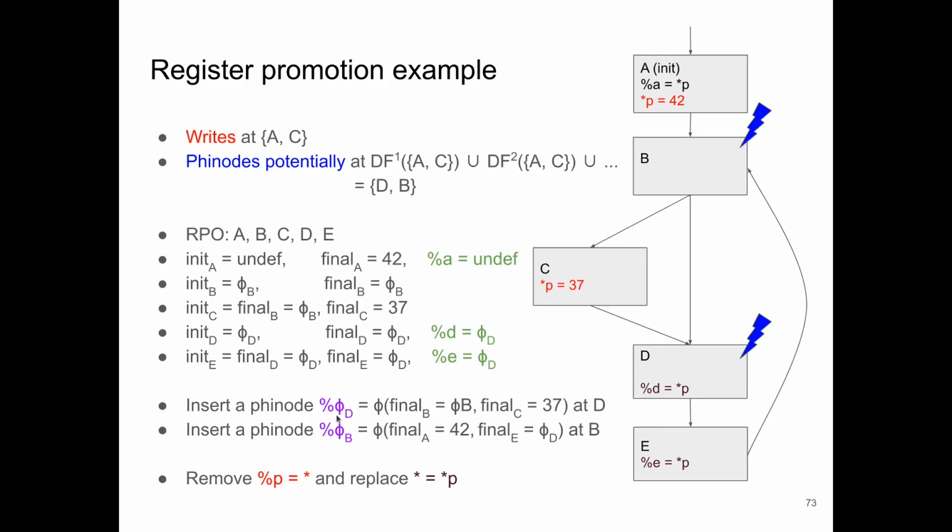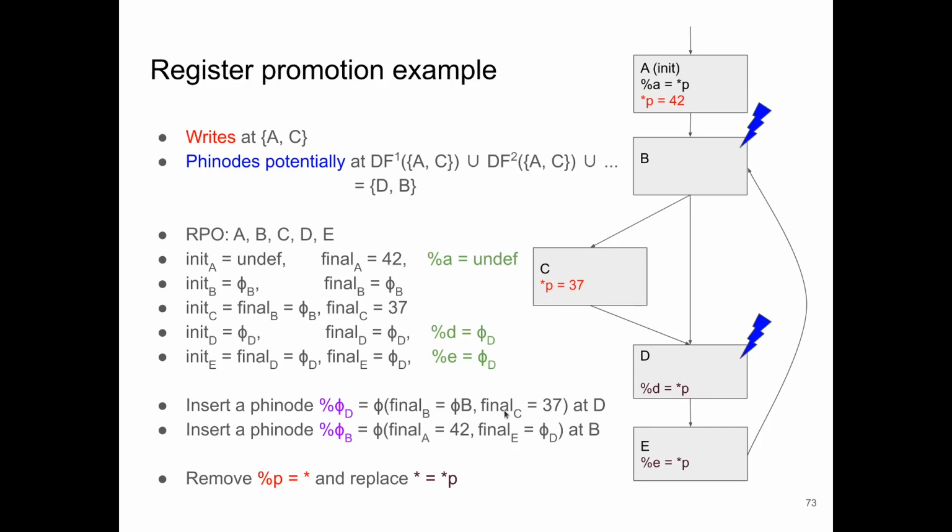And here we are going to introduce a new register. Let's say it is ampersand phi D, and its value should be given by the phi node instruction here. So it is the final value of B if it jumps from B, or it should be the final value of C if it jumps from C. So it is just the formula here.